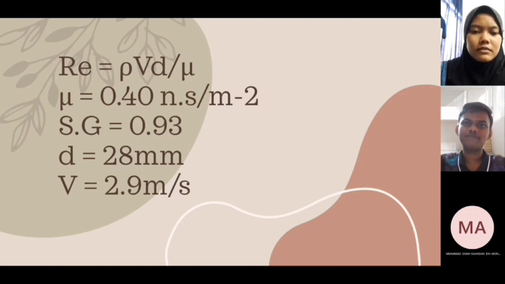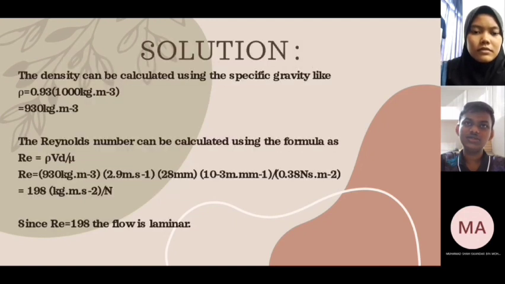So the density can be calculated using the specific gravity, 0.96 times 1000 kg per meter cube. So we can get 960 kg per meter cube. The Reynolds number can be calculated using the formula Re equals density times velocity times diameter over viscosity.